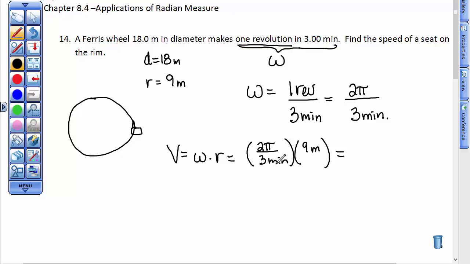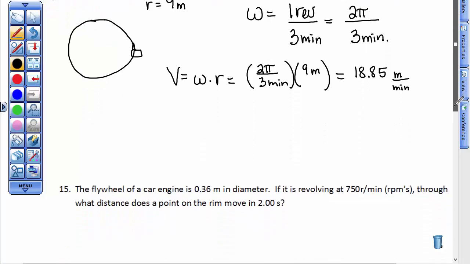And when you multiply this all together, you should get 18.85 meters per minute is the speed of your body as you move around in the seat of this Ferris wheel. Okay, let's see. I'm just going to do a quick check: 3 times 2 is 6. Yeah, that's correct. All right, let's turn to the next problem.